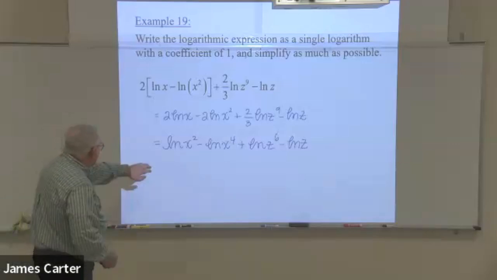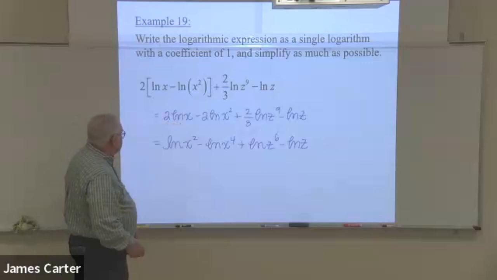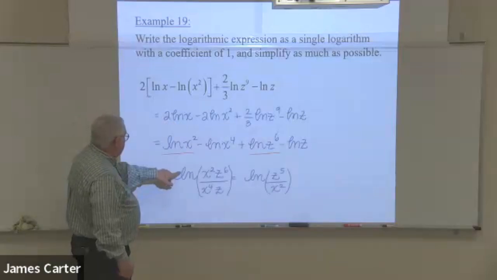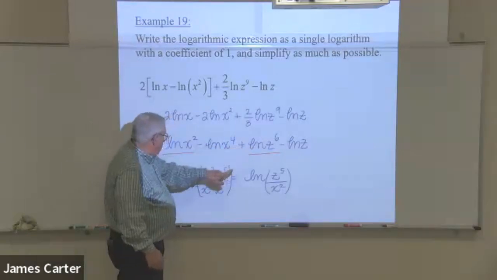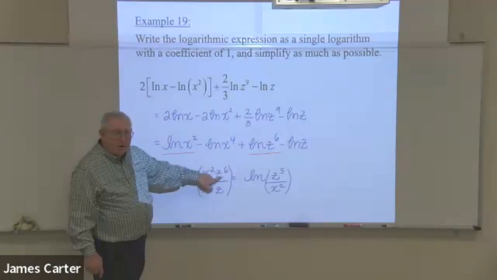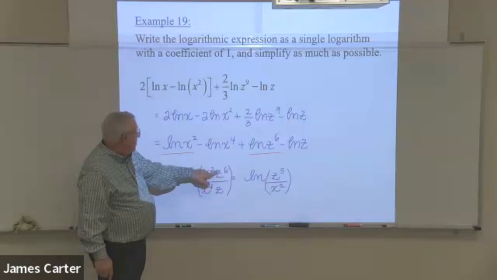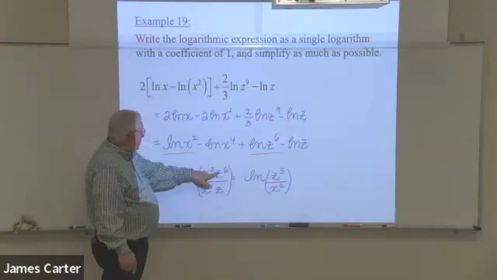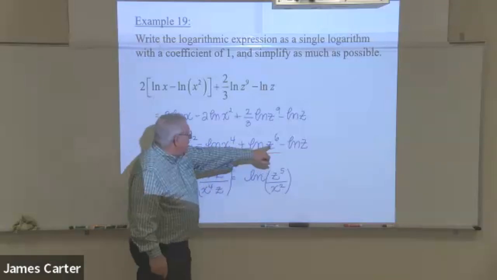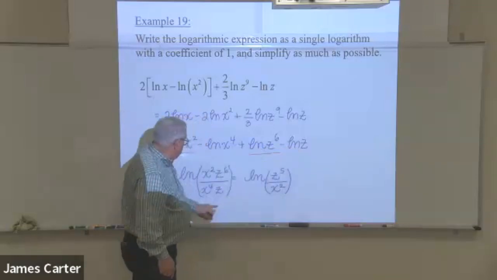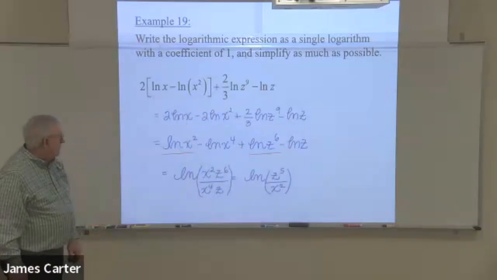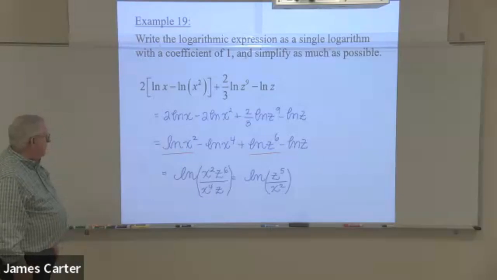So we're going to write Ln, and then a big parentheses, and then we're going to put my 2 positives in the numerator, and my 2 negatives in the denominator. And then there's one more step we can do.